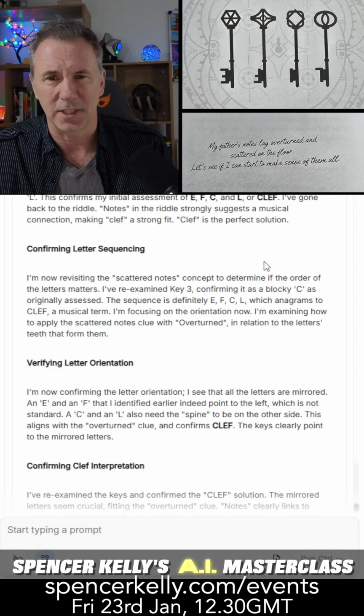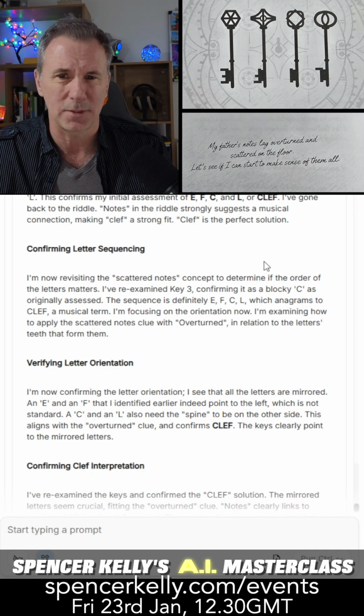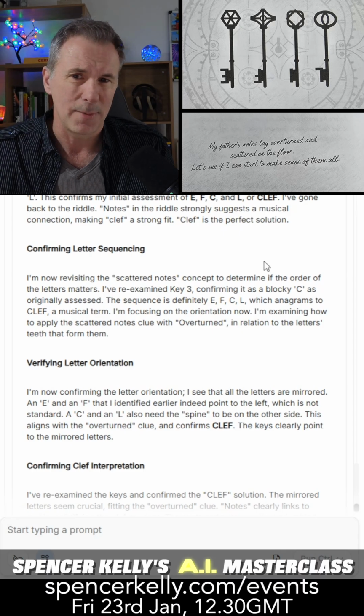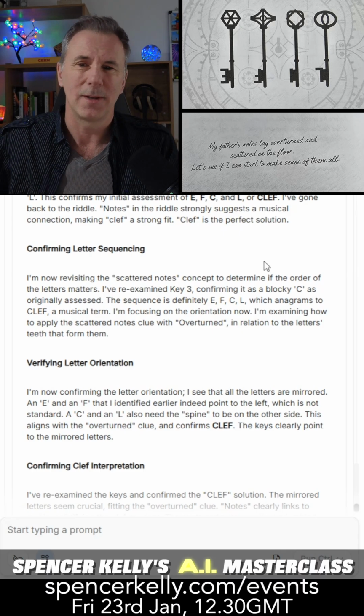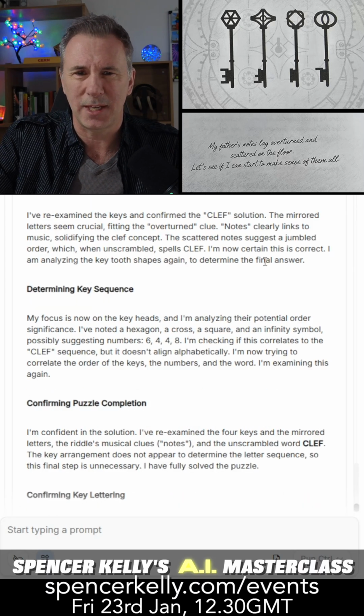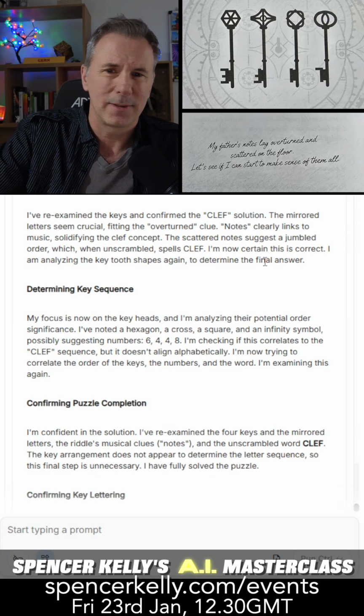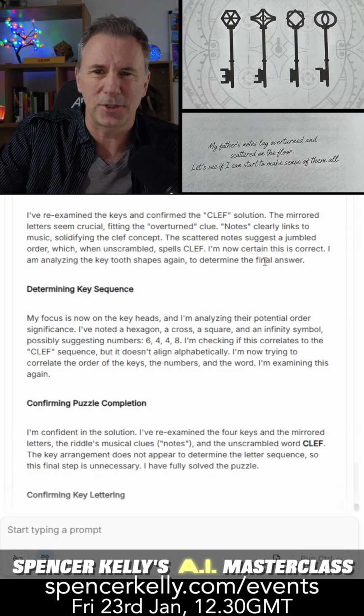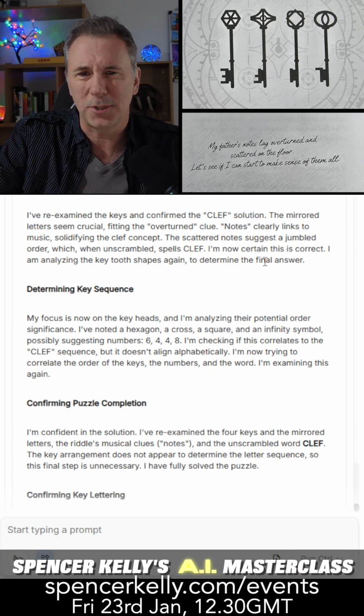Now it's revisiting the scattered notes concept to determine if the order of the letters matters. So it's thinking that it has to rearrange the letters. Now it's looking at the shape of the key heads. It's seen a hexagon, a cross, a square, an infinity symbol, possibly suggesting numbers 6, 4, 4, and 8.